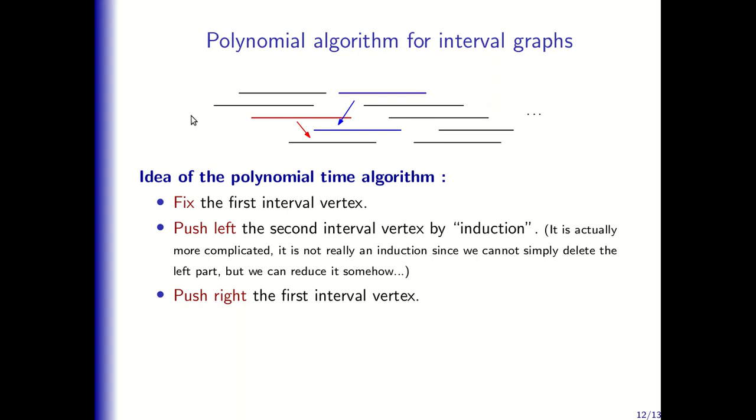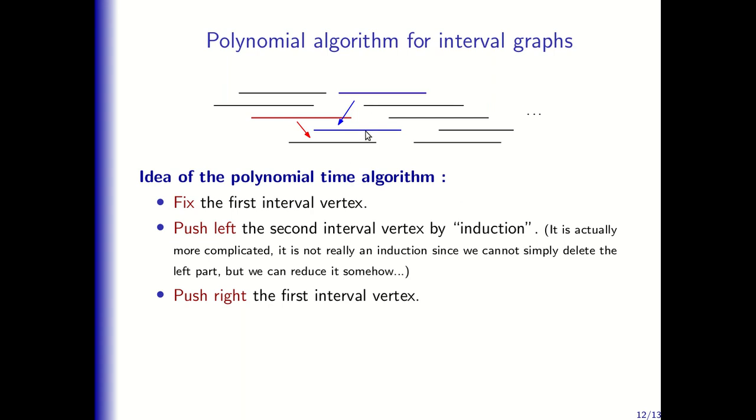We first fix the first internal vertex of the spanning tree, which is the red one here, and then by induction, but it is actually a bit more complicated because it is not really induction. We can just delete some vertices of the graph here. We have to be a bit more clever, but it is somehow by induction. We try to push the second internal vertex to the left. So we try to push this blue vertex into, for instance, this one.